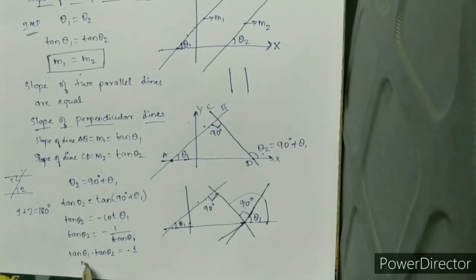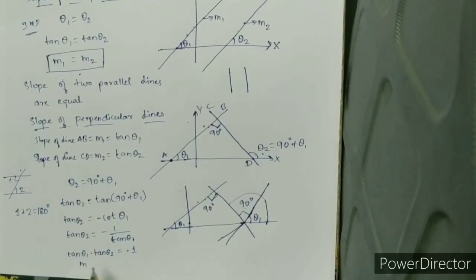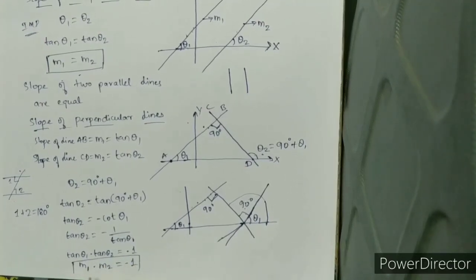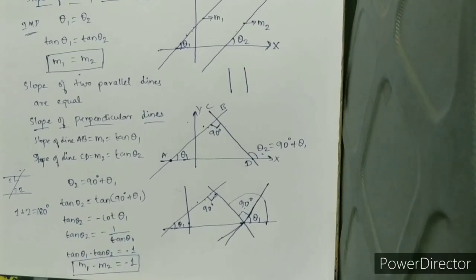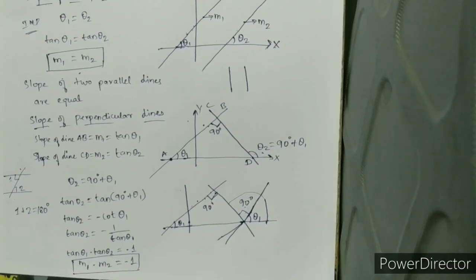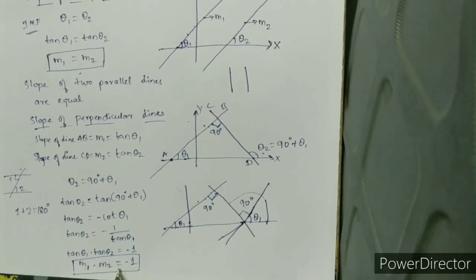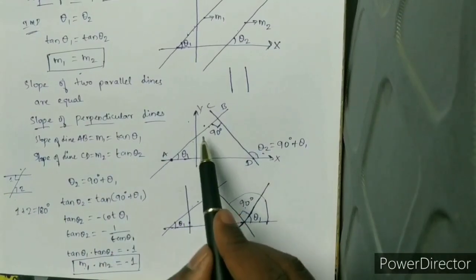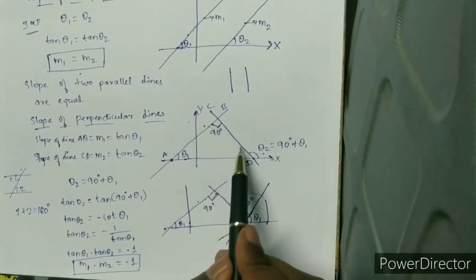From this, we know tan theta 1 is nothing but m1, so m1 into m2 is equal to minus 1. So for slopes of perpendicular lines, the product of their slopes is equal to minus 1. Okay, see here, the slope of AB is m1, the slope of CD is m2.